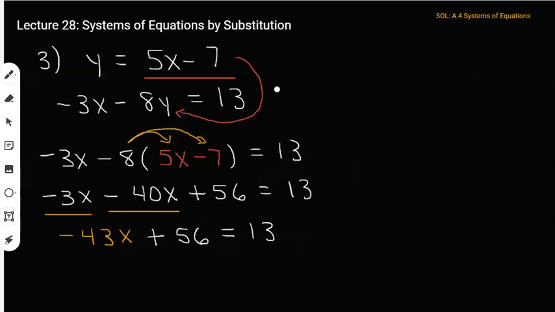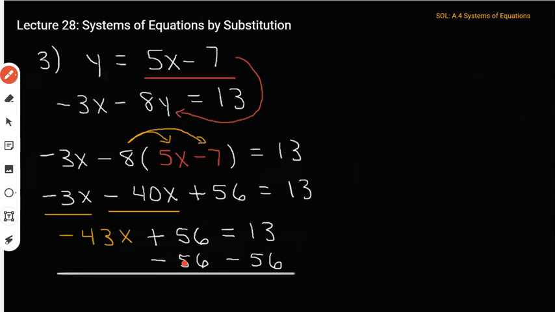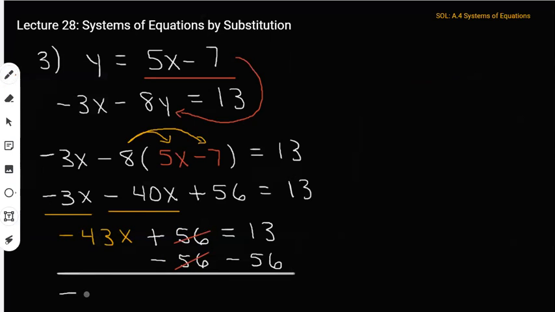Okay. So what can I do to get rid of the plus 56? Yeah. I can subtract 56 from both sides. What that's going to do is it's going to get rid of the plus and the minus. And it's only going to leave me with a negative 43x. So I'm going to bring that down.